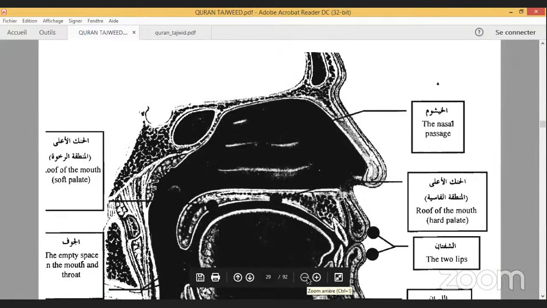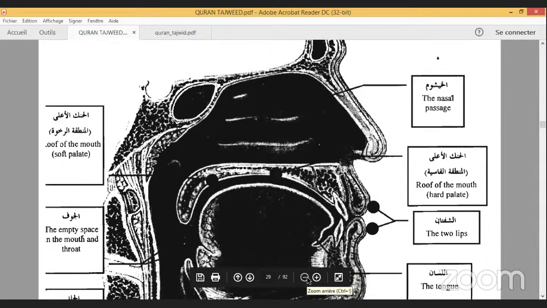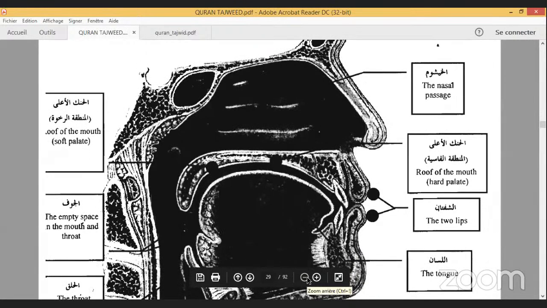So pay attention, or screenshot it if you want, of course. We'll begin from the empty space.